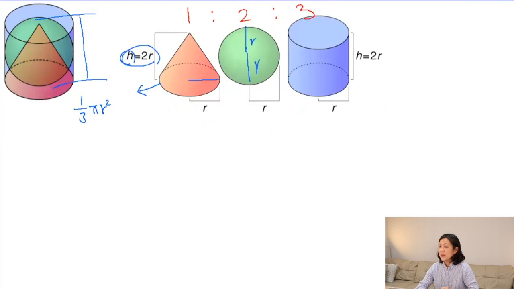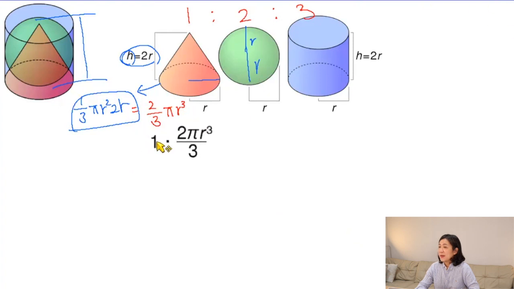Now use 2r to change our formula. It's 1/3 pi r squared h, but I'm going to put in the 2r. Now let's simplify it. Then the volume of the cone will turn into 2/3 pi r cubed, right? This is just to help find the formula for the sphere, okay?